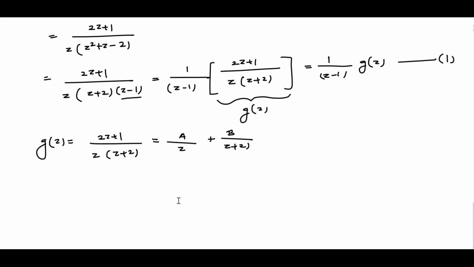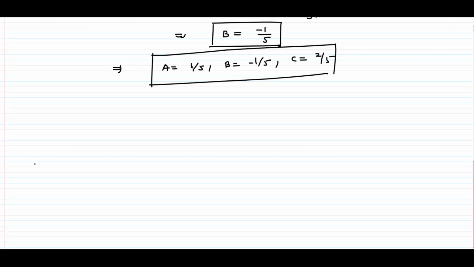By using the partial fraction method we can find the values of a and b. So here 2 times (z plus 1) over z times (z plus 2) equals a upon z plus b upon z plus 2.